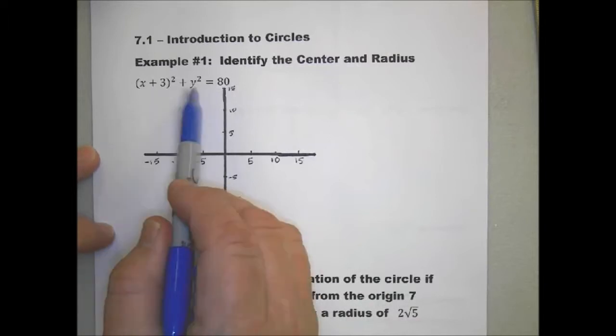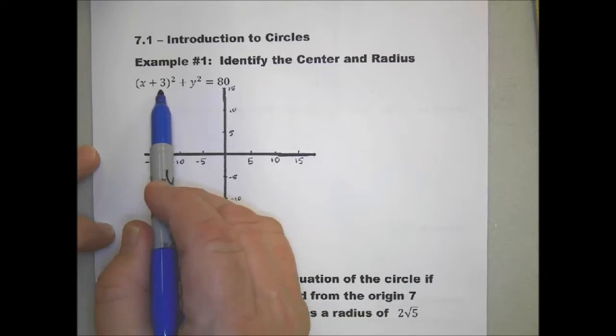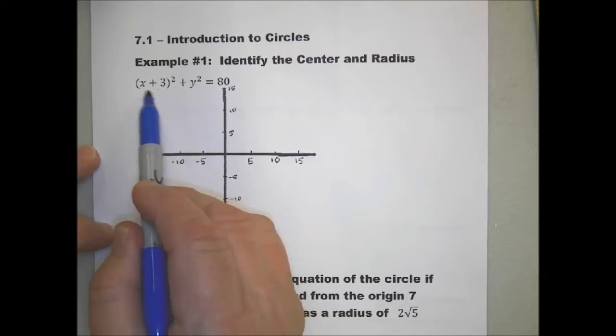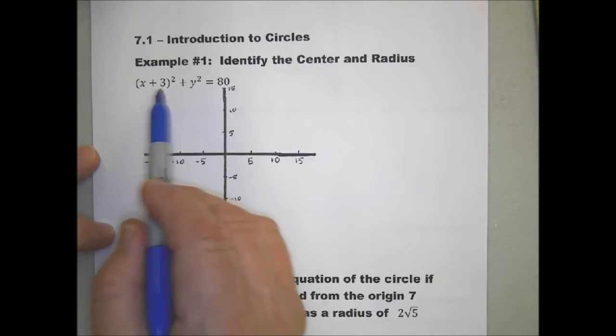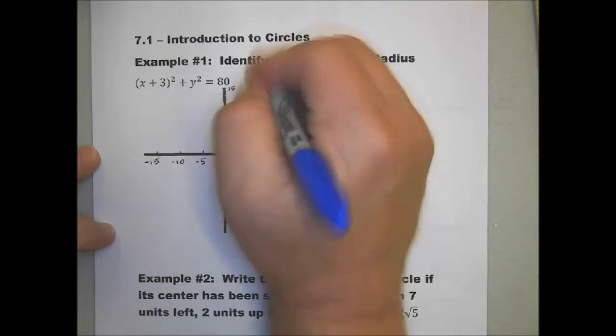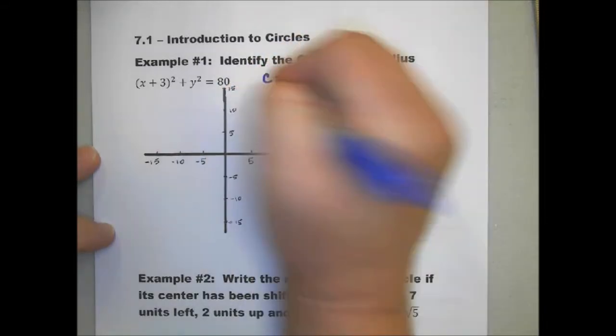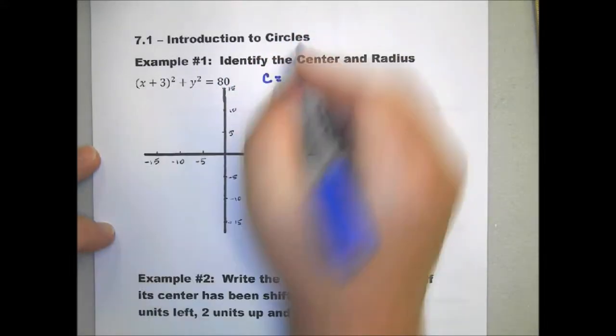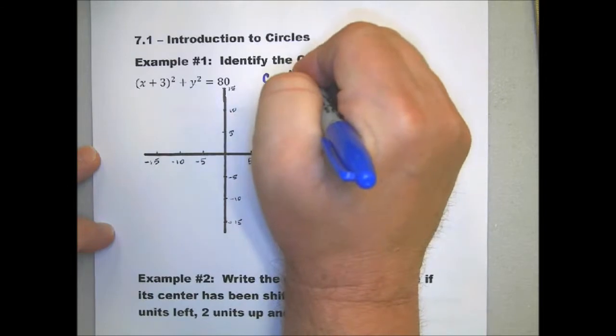Well, you can identify the center simply by using the rules we've used throughout the entire unit, and that is anything that's directly attached to the variable is thought of as opposite. So the center of this circle would be -3. The x-coordinate would be -3.